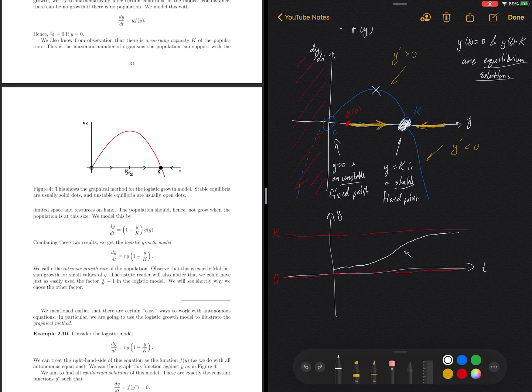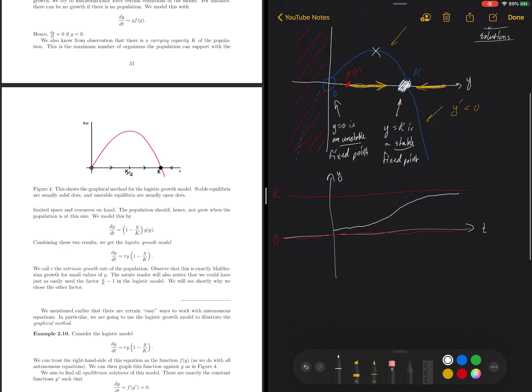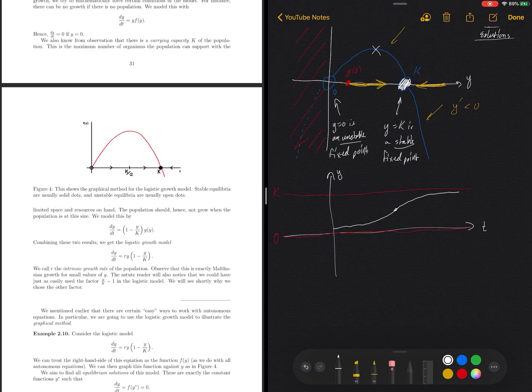So my slope is very, very steep in the middle, but much, much shallower near the equilibrium or near the fixed points. That's how I know this has kind of a sigmoid shape, that it has to have some sort of point of inflection in the middle here.